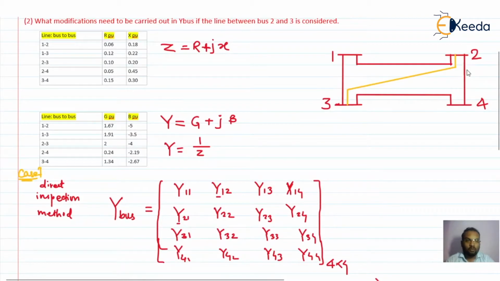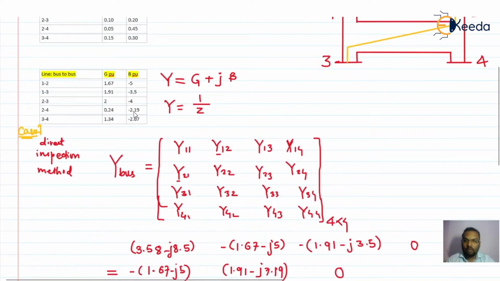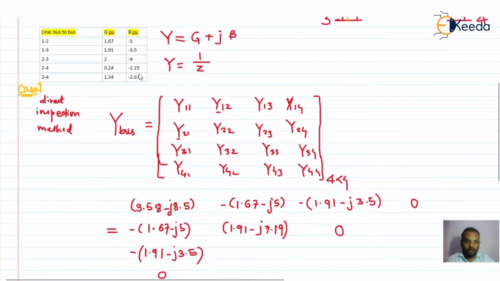Y24, it is connected. You consider the negative of the admittance between bus 2 and 4. The actual admittance between bus 2 and 4 is 0.24 minus j2.19. So take the negative of that, and I'll get minus 0.24 minus j2.19.